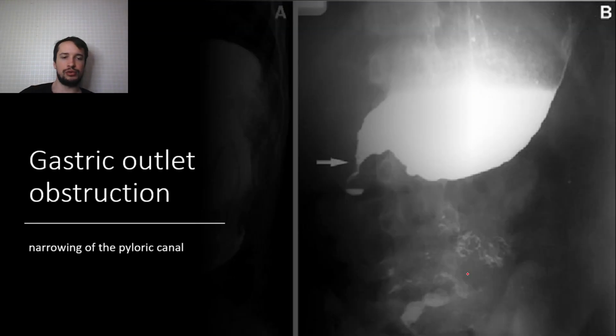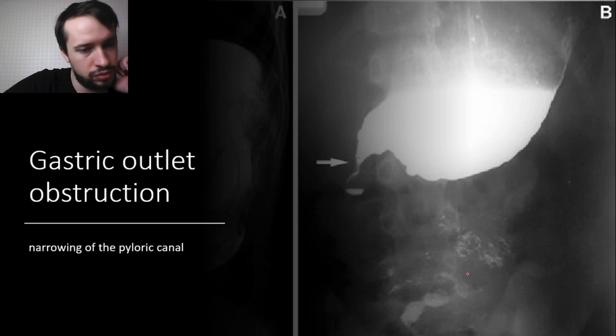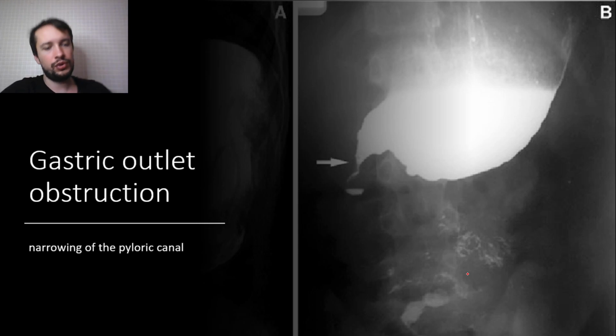Gastric outlet obstruction. Fewer than 5% of patients develop gastric outlet obstruction from pyloric stenosis. Duodenal ulcers give rise to pyloric stenosis more often than gastric ulcers.